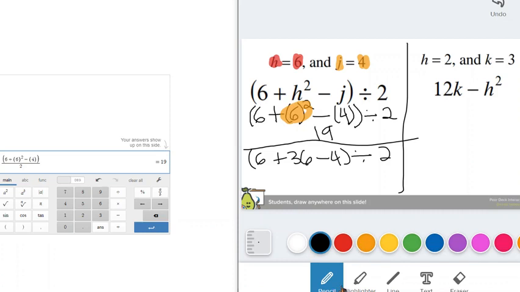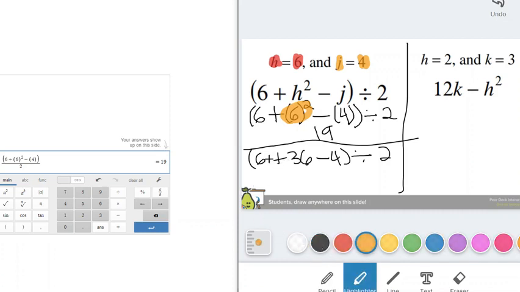Then grouping goes first. In the group I have an addition first, but I only have addition and subtraction, so I can just go left to right. So 6 plus 36 is 42 minus 4. 42 minus 4 is 38.